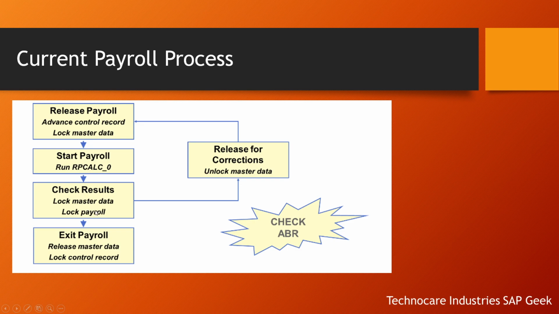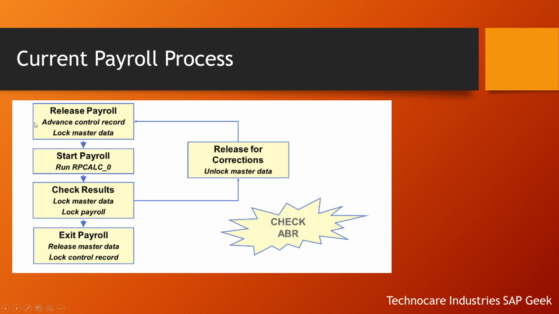So for doing that, we again release the control record back to corrections, which will unlock your master data so that we will be able to do the master data changes. Once these changes are done, again we will release the payroll, right? And this process will go on in a cycle until we are satisfied with the final payroll results, and then we'll finally exit payroll.